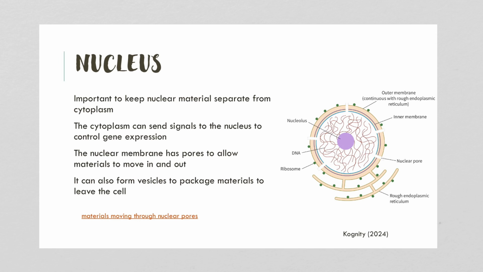And the nuclear membrane does have pores within it to allow materials to move in and out. And you can see those in the diagram at the right from our textbook. So you can see there's a nuclear pore here and here and here. So the transcripts that are produced during transcription can leave. Other things can go within and so on.